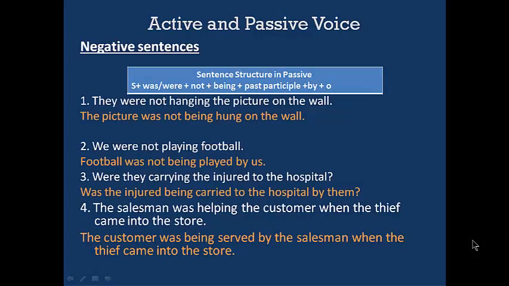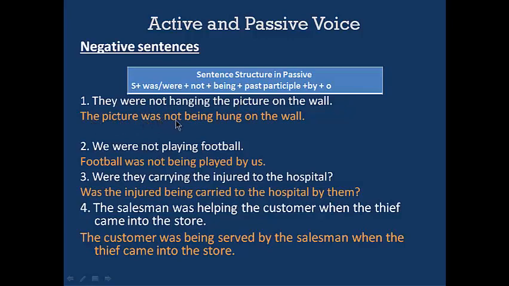Negative sentences in past continuous tense. It is not difficult to convert negative sentences into passive form. They were not hanging the picture on the wall. The picture is the object, so it must take the subject place in the passive sentence. The picture, as it is singular, so we should have was.